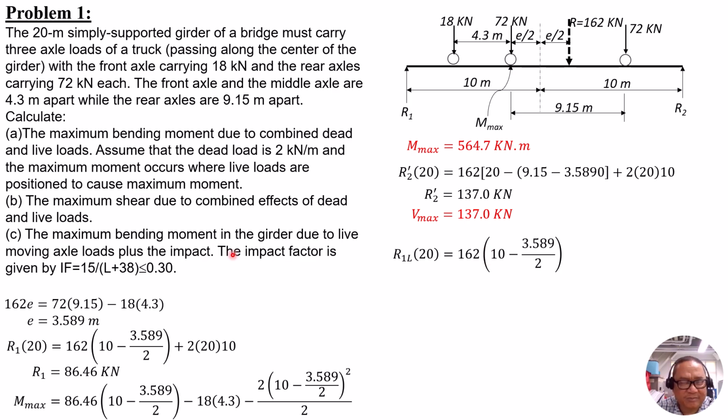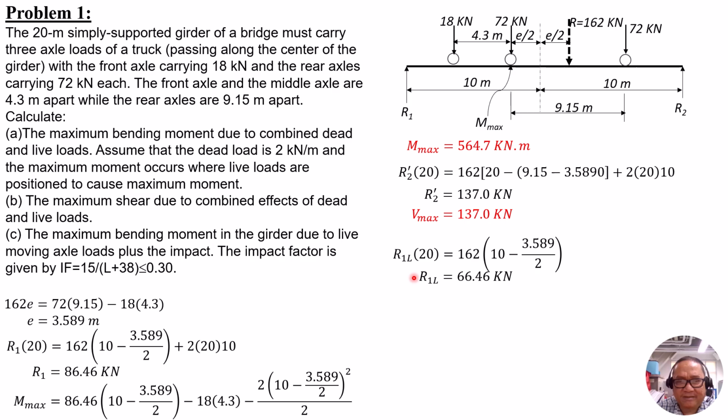Then the maximum bending moment in the girder due to live moving axle loads plus the impact. So the reaction here, less the reaction due to the dead load, would be 66.46. So I'll call that R1 due to live loads only. So take moment at the right.